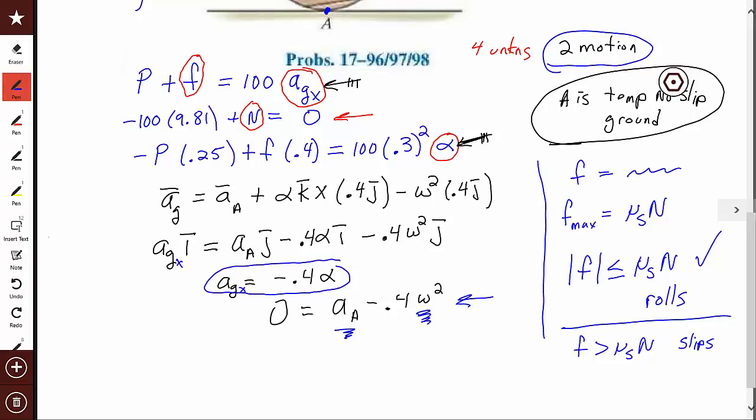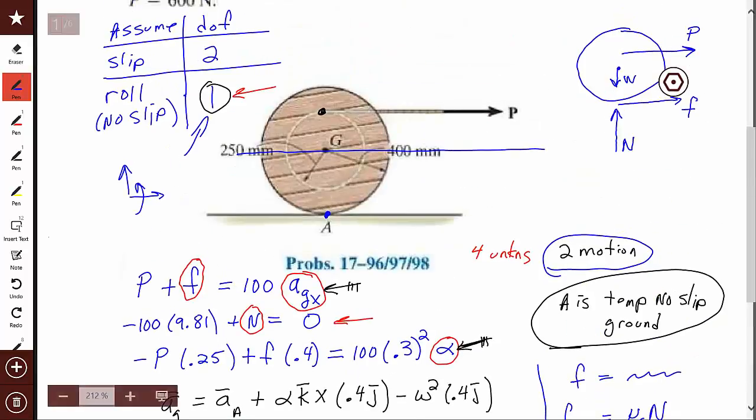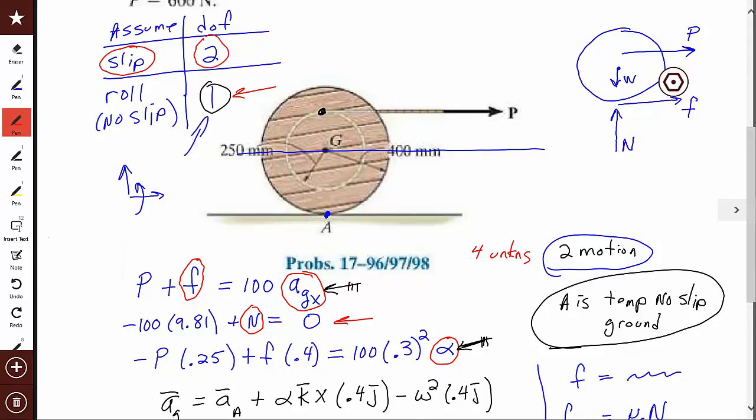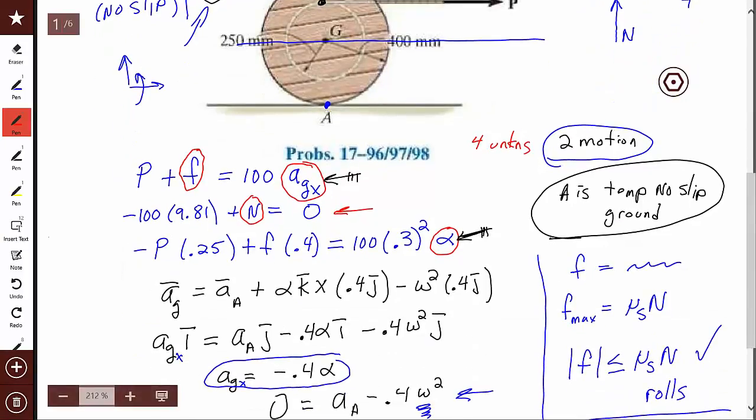Let's go back and see what would happen if it slips. If you now know that it slips, then it's going to be 2 degrees of freedom. And when you come down here, you're going to say, okay, what is this friction force? Well, the friction force is now equal to mu k n, because you know it's slipping.